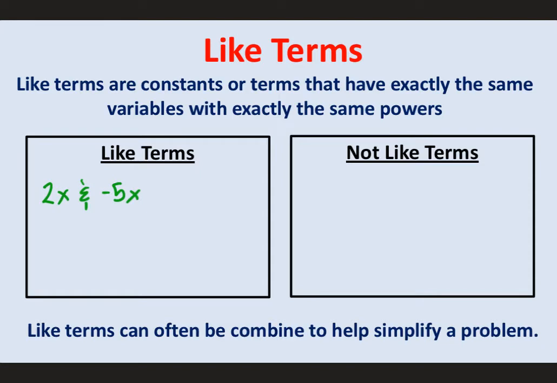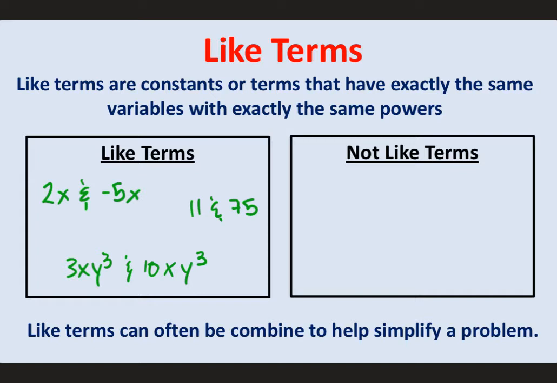These are like terms. 11 and 75 are like terms. They're both constants. 3xy cubed and 10xy cubed are like terms. They have exactly the same variables to exactly the same powers, or they're just constants, things without variables at all.